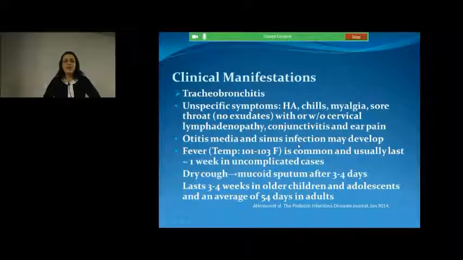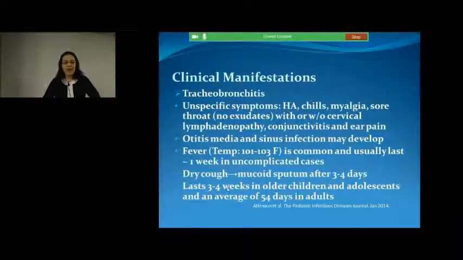Otitis media may be present. Fever ranging from 101 to 103 is common and usually lasts about 1 week in uncomplicated cases. Mycoplasma produces a dry cough that in 3-4 days starts to produce some mucoid sputum. The whole disease lasts 3 to 4 weeks.